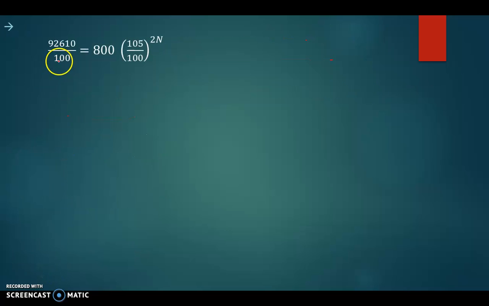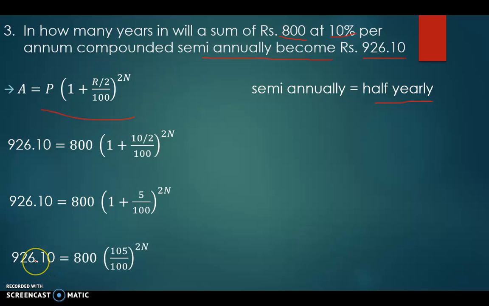Here you can see the value 92,610 upon 100, because we write the value 92,610 in place of 926.10.